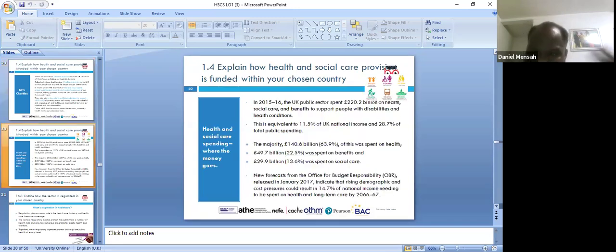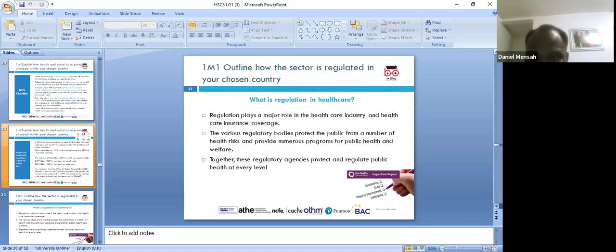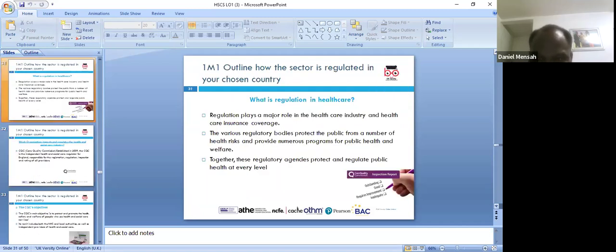In fact, there were huge rates of salary given to carers and nurses who took time off to take care of the patients who were dying. So it's very important that we take note that there are charity organizations that help the NHS in terms of their funding. Okay.